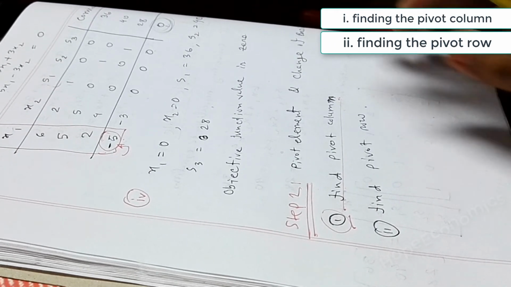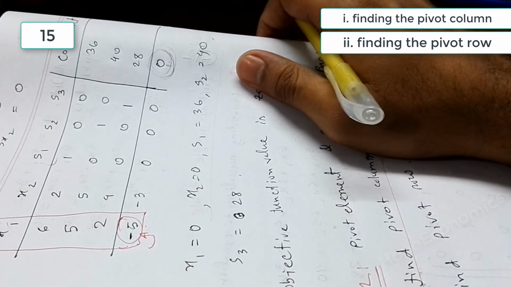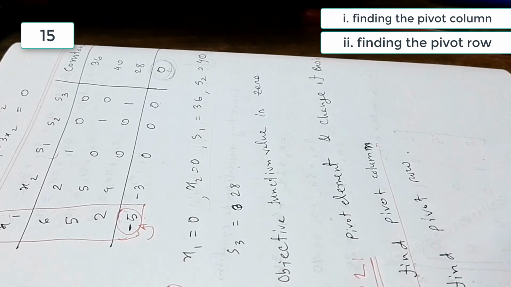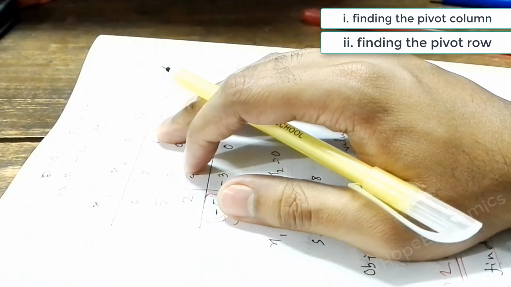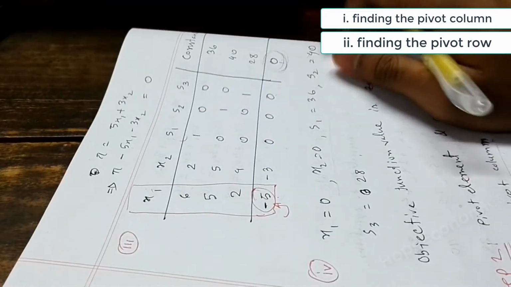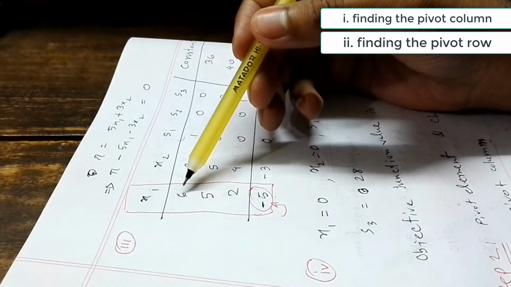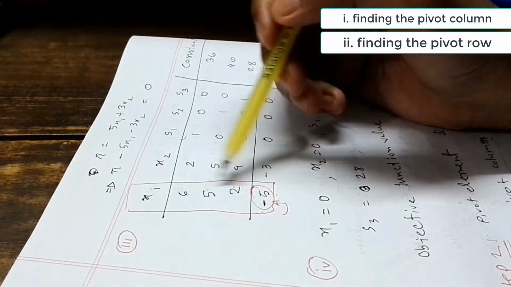In case of finding the pivot row, what we have to do, I have already shown you in my 14th video, is find the displacement ratio. So right now we have the pivot column, and 6, 5 and 3 are our pivot column elements.